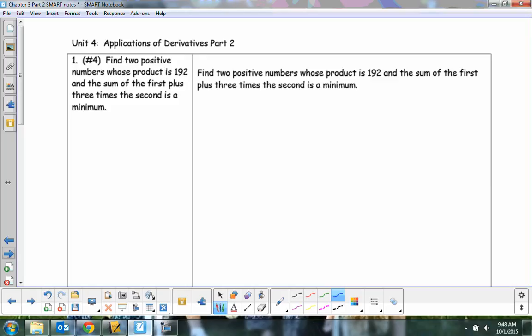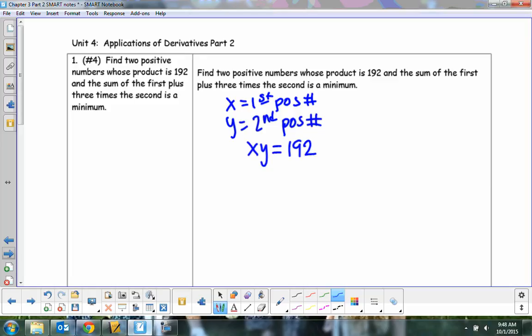All right, so we have two positive numbers. What do you want to call them? Okay. So x is the first positive number, y is the second positive number, and we know we want to find two positive numbers whose product is 192. Is that okay so far?